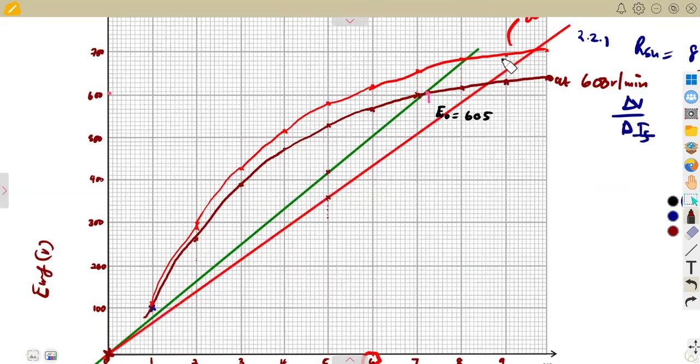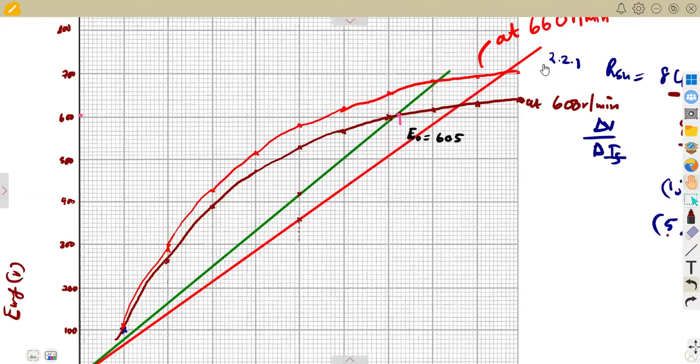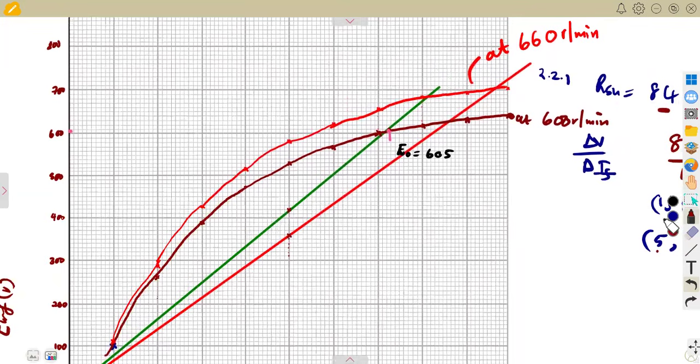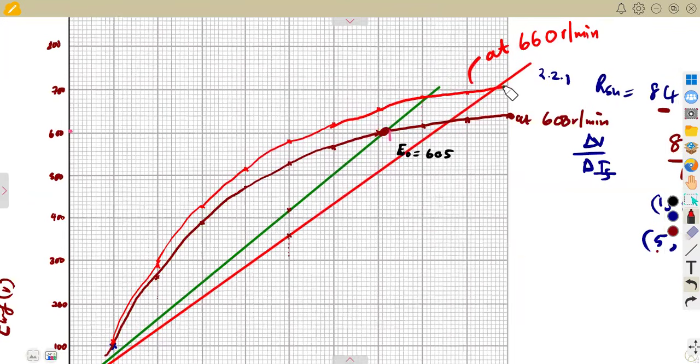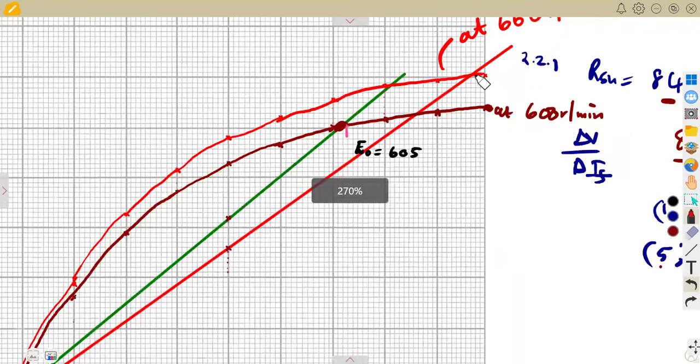So this one meets the graph at a speed of 660, just like what we had before when we were dealing with the one at 600. This one, with the one at 660, they meet at a certain point there, approximately that point. This is where they meet, always the intersection.